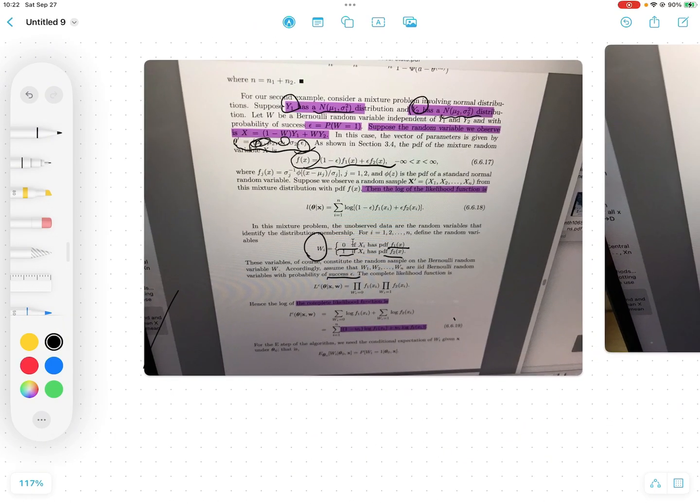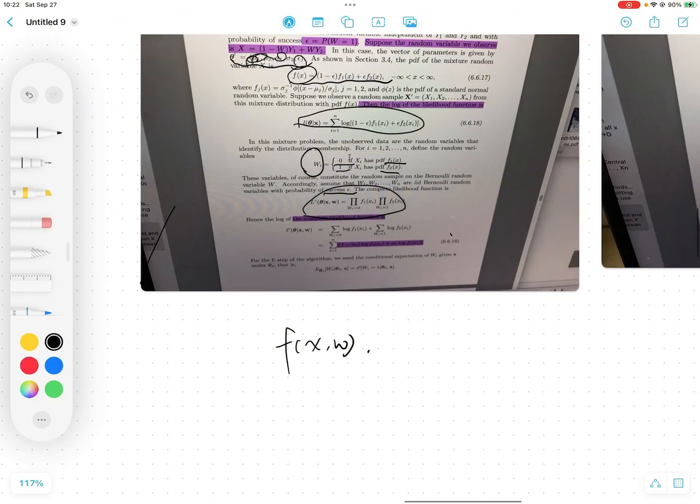Now let's focus on how to solve this kind of problem. Our likelihood could be written as this, but in the EM algorithm, what we want to write is the complete likelihood, and in that case, we want to know the PDF of f(x, w) based on the conditional probability.